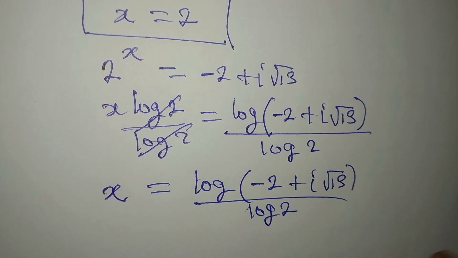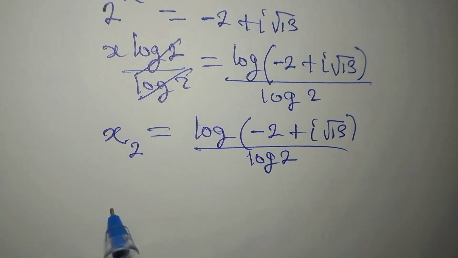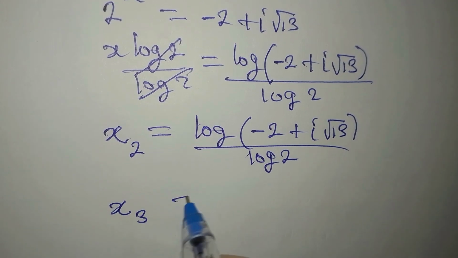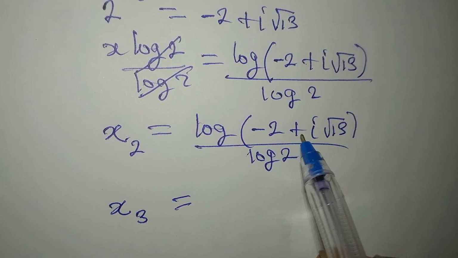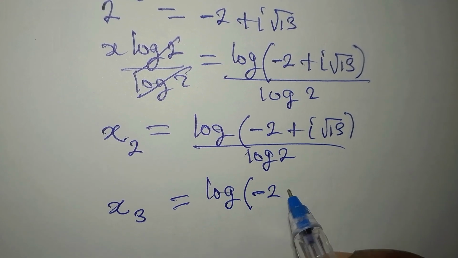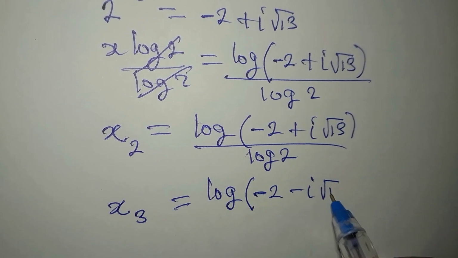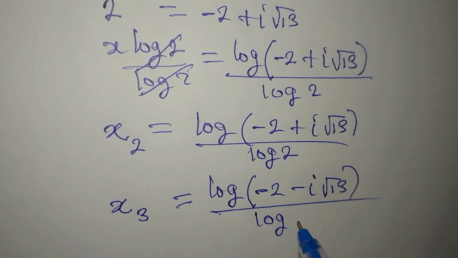This is one of the solutions. And the other solution, let's call this x2. Now, the last solution is when our value of y here is negative. So we'll now have log of minus 2 minus I root 13, then divided by log 2.